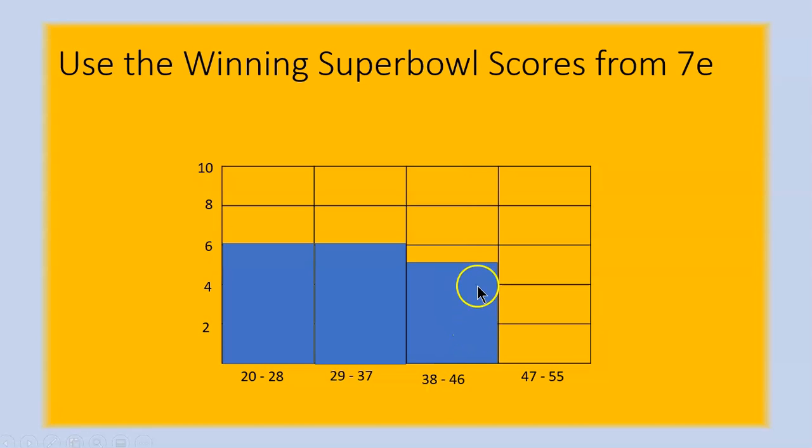See, it goes 2, 4, and then halfway up is 5. All right? And then for 47 through 55, we have 3. 1, 2, 3 goes halfway up. Cool? Easy peasy. So it's like a bar graph, but you have intervals and they touch. There are no spaces in between. Let's try another one.